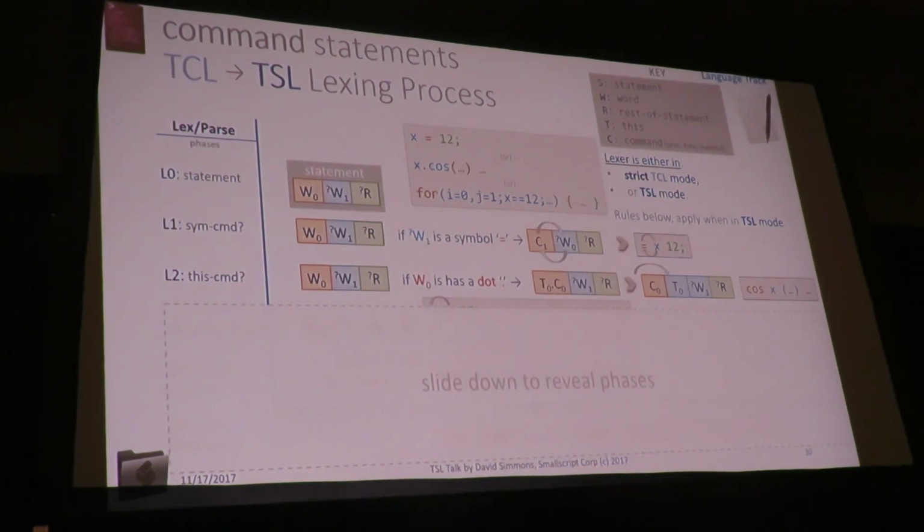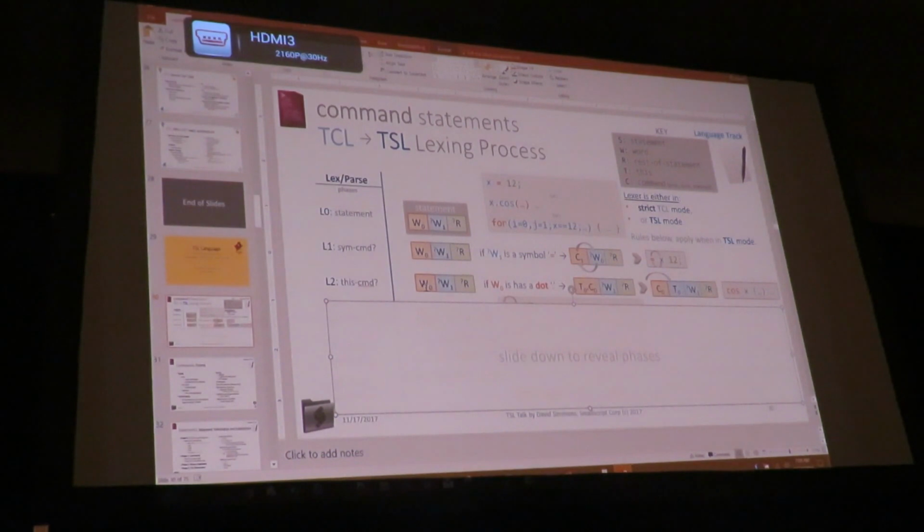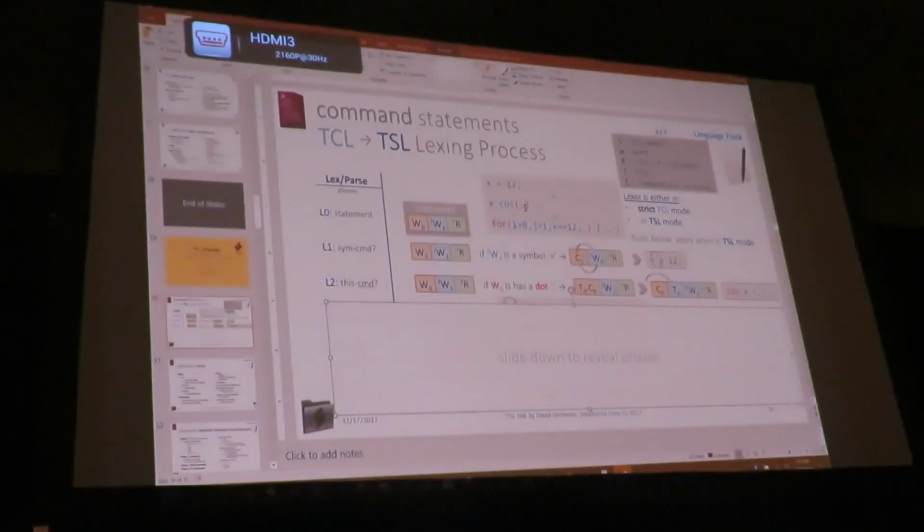In the next line, it's basically saying, does W have a dot? Okay, let's do my dot with this slide. It's looking here and says, does W have a dot in it? W0, the first one. Our example here with x dot cosine does. So while that's a single word, this whole piece is one word, it's going to split the word up because it's got a dot in it. It's going to decide that the left-hand side of the dot is a T object.